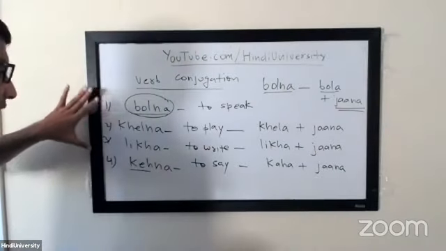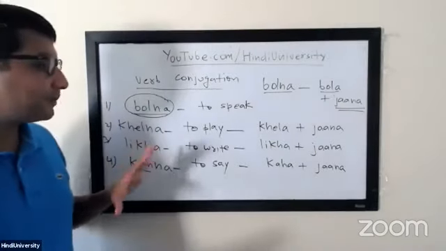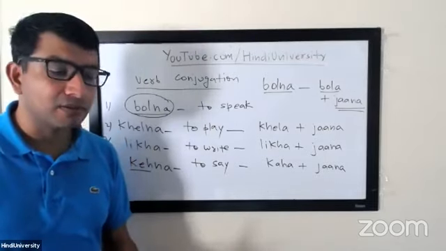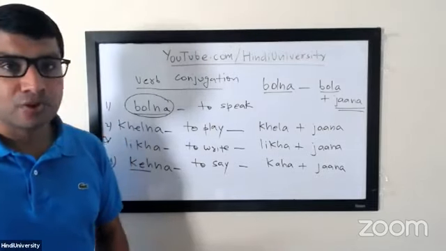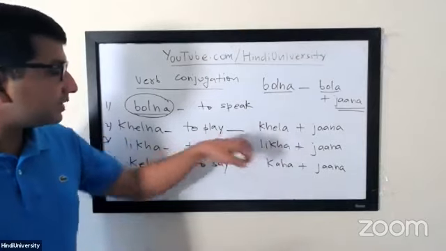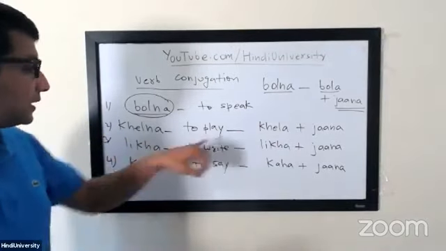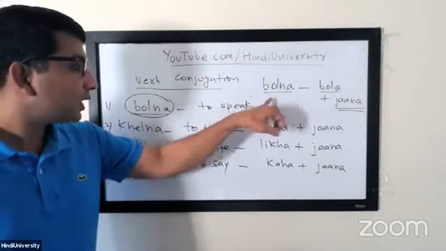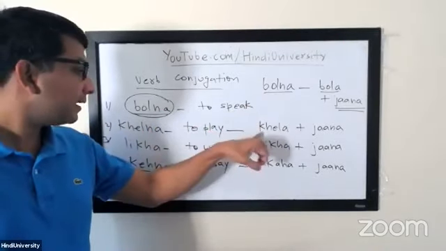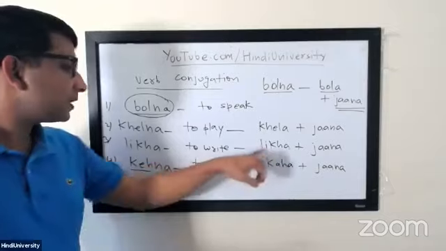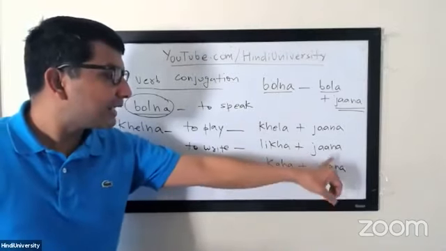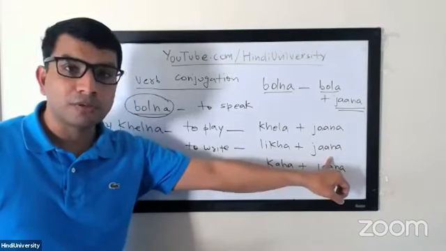So let's just practice. These are the most fundamental thing when you are trying to say anything in the passive voice in Hindi. You have to first say the verb in the past form. As I said, bolna becomes bola, khelna becomes khela, likhna becomes likha, kehna becomes kaha, and to all of them you're adding a compound verb, jana.